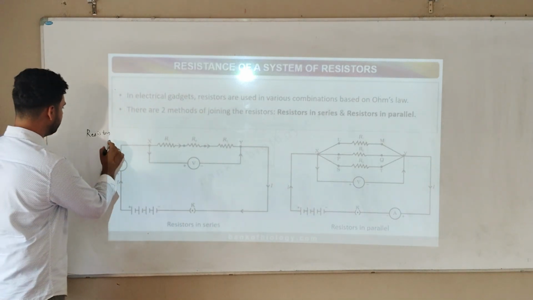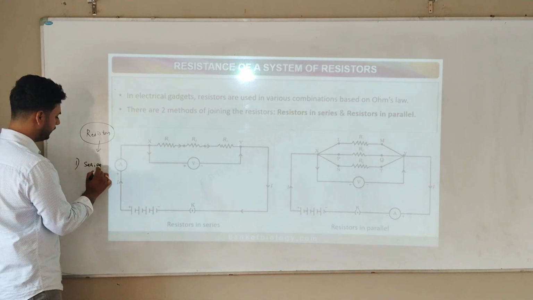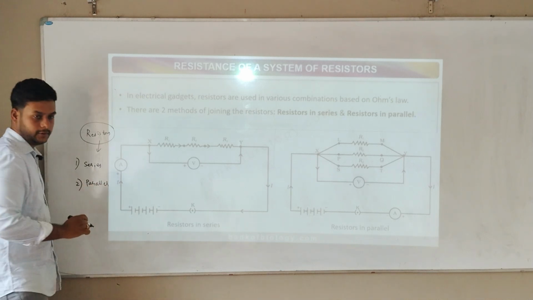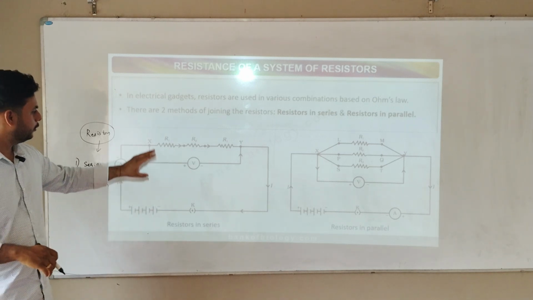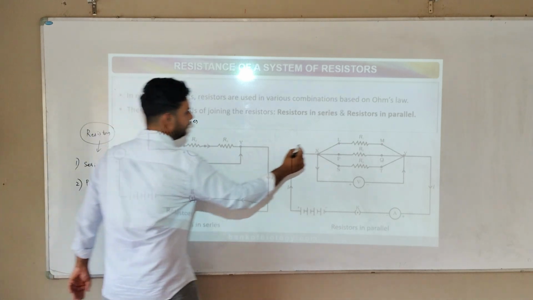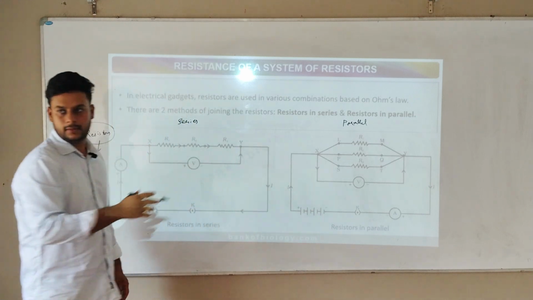So to adjust these resistors, we have two types of connections. First one is series, second one is parallel. These are the two connections which we have.